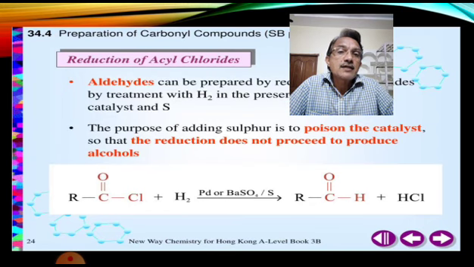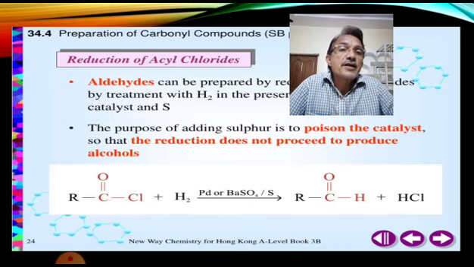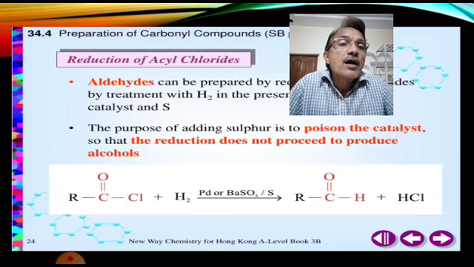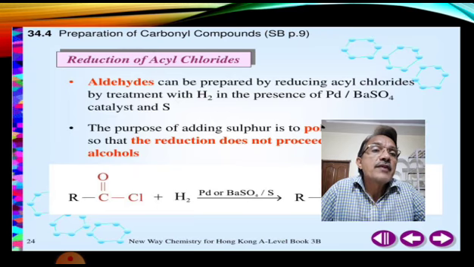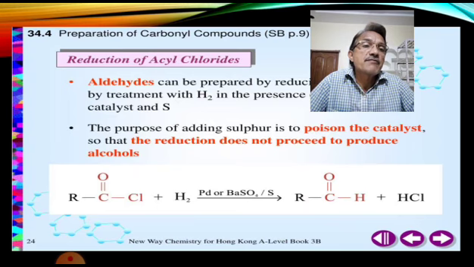RCOCl is acyl chloride. This acyl chloride, upon reduction in the presence of palladium and barium sulfate in the presence of sulfur, gives aldehyde.